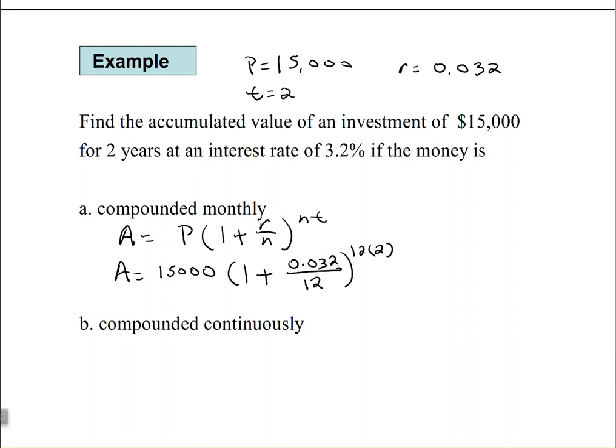That n can change depending on how often it's compounded. If it's compounded monthly, then n is 12. If it's compounded quarterly, then n is 4. If it's compounded semi-annually, then n is equal to 2.